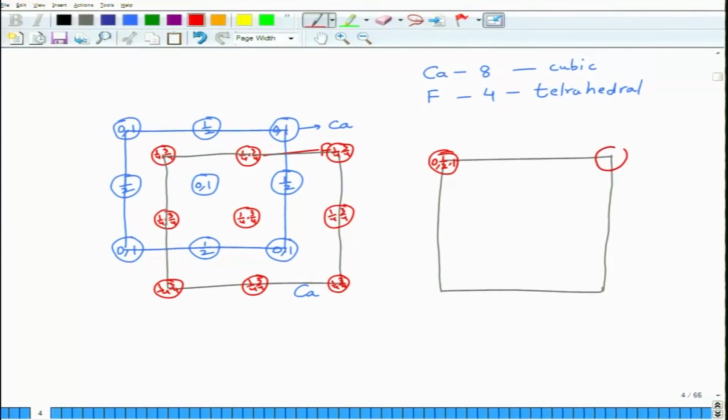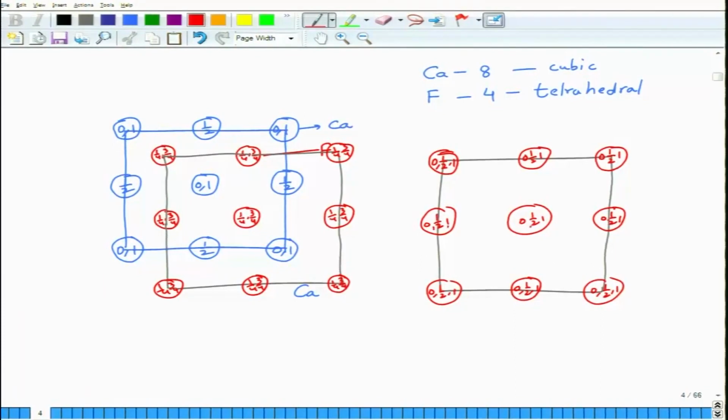Here you will have again 0, half, 1. These will also be 0, half, 1. So, all of these will be 0, half, 1, 0, half, 1, 0, half, 1, 0, half, 1, 0, comma, half, comma, 1.